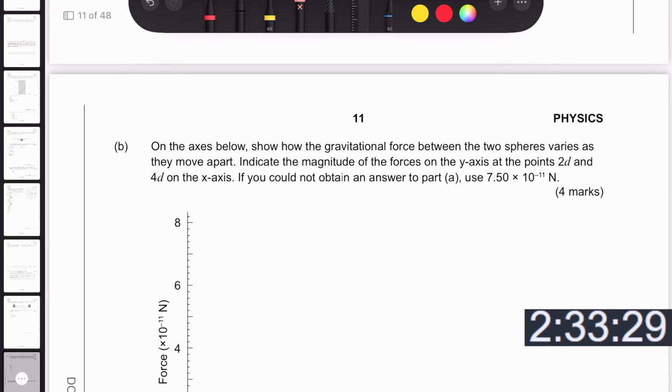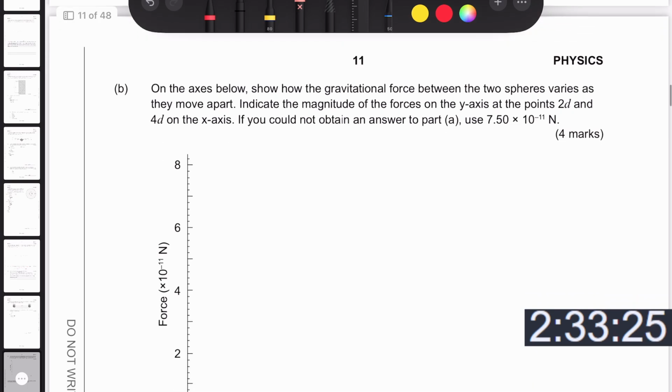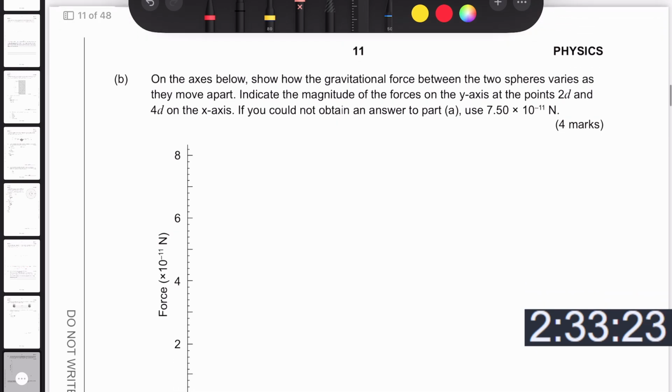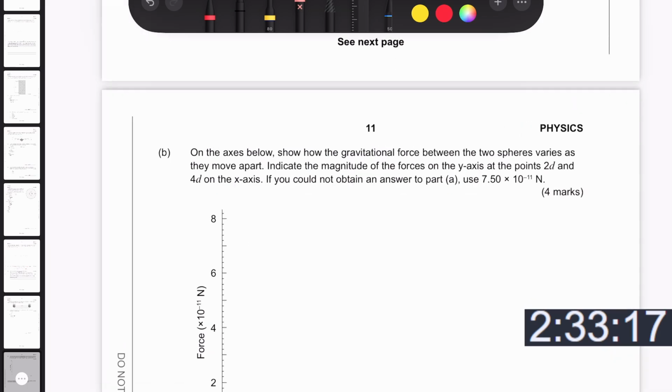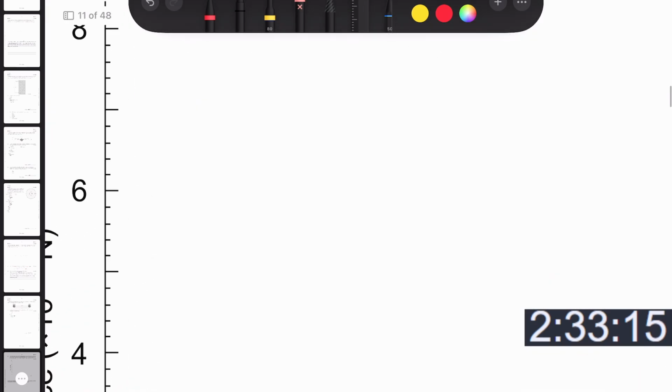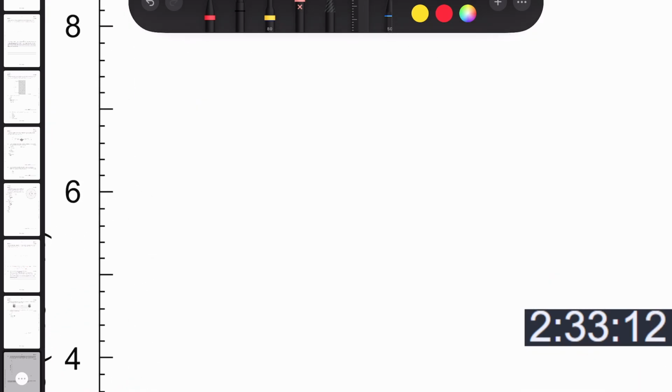On the axis below, show how the gravitational force between the two spheres varies as they move apart. Indicate the gravitational force on the y-axis at the points 2D and 4D. So at D, we are at 7.24, so then this is probably about 7.4.